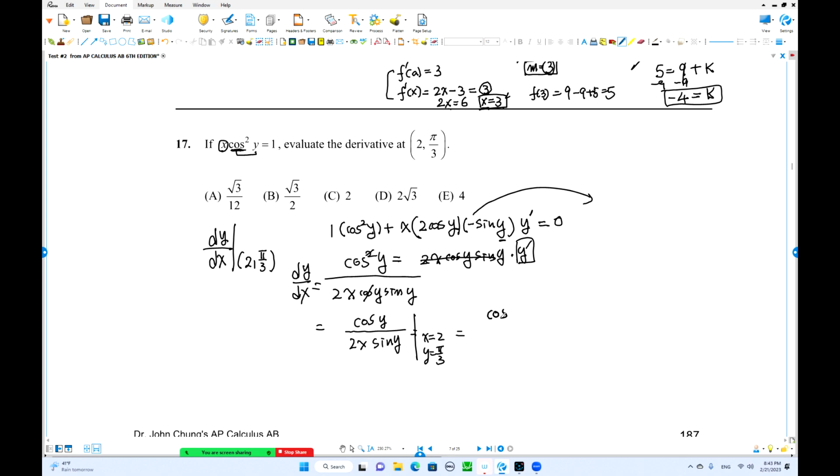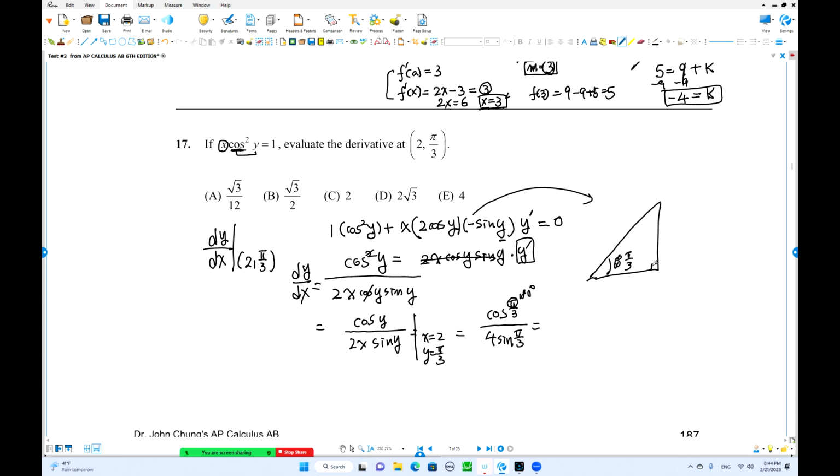Cosine y is what? Cosine pi over 3. 2 times 2, since x is 2, is 4. I'm going to write down 4 over here, and sine pi over 3. Pi over 3 is 180 degrees divided by 3, that is 60 degrees.